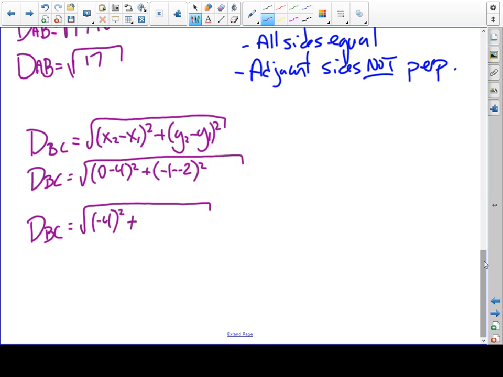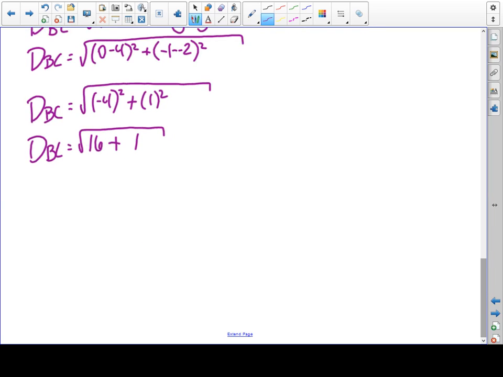Negative 1 minus negative 2 is going to be positive 1. So that's 1 squared. Distance between B and C is going to be 16 plus 1, which is equal to square root of 17. Oh, nope. Gotta find all 4 sides. We just found 2.